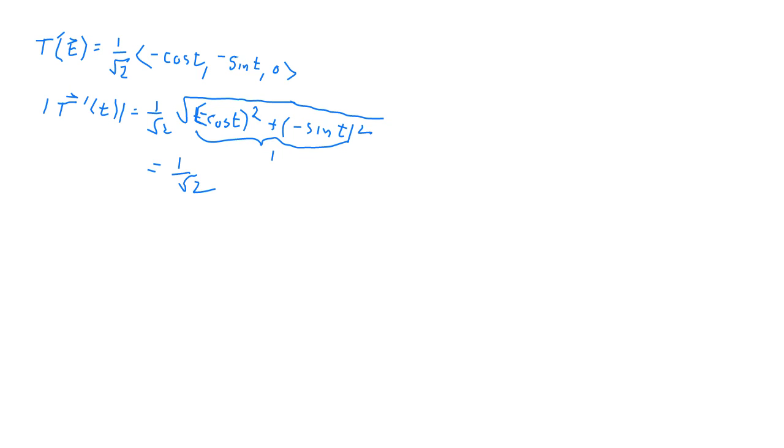All right. Well, what's going to happen is when I divide the derivative of the unit tangent vector by its magnitude, the 1 over root 2's are going to divide out, right?